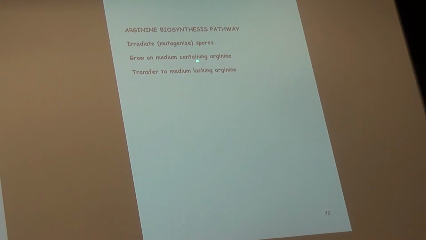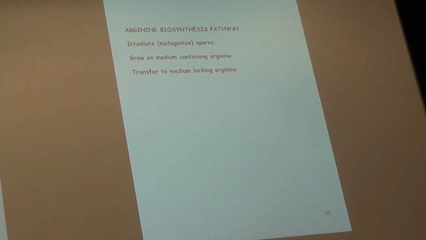And then, after they've grown in arginine and formed a nice colony, you transfer them to media lacking arginine, and you ask, can those cells make arginine or not make arginine? So you first let them grow up after mutagenesis, and then you ask the question, can you grow in the absence of arginine?